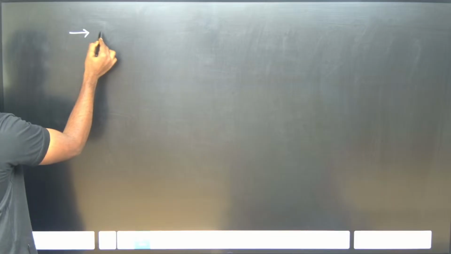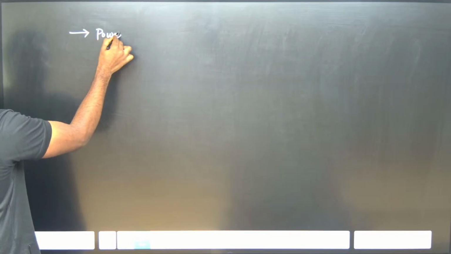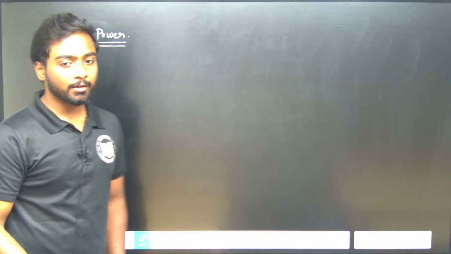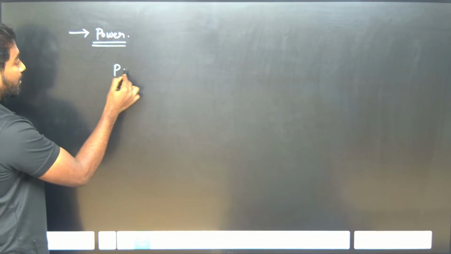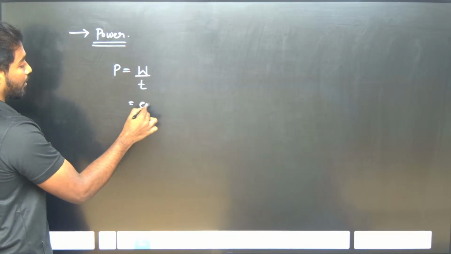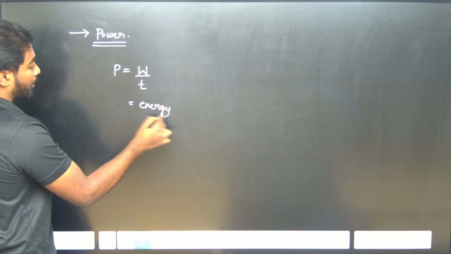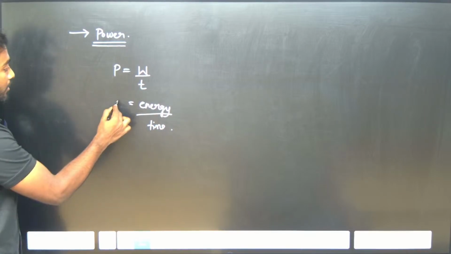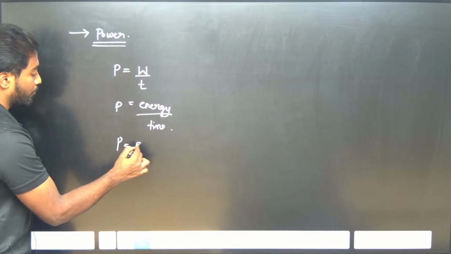Next one, the power. Power is the ratio of work done per unit time. So power is equal to work by time, or else I can say energy by time also. Another formula is power is equal to force into velocity.